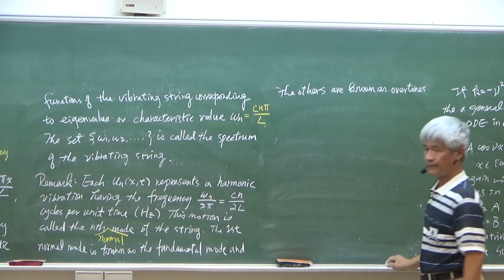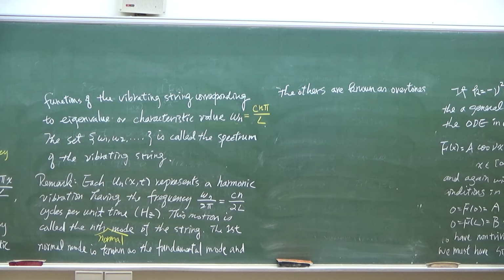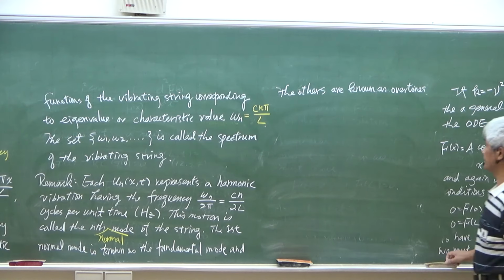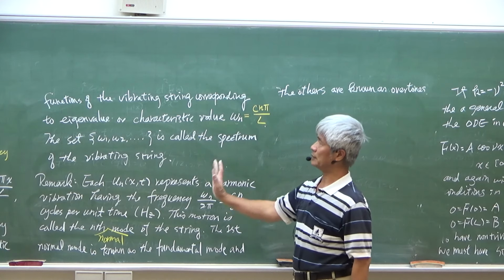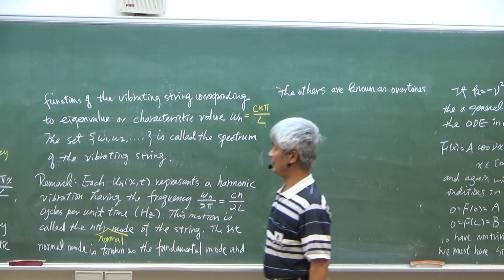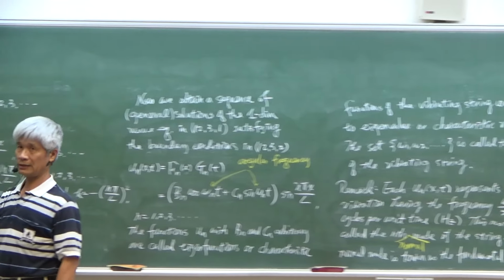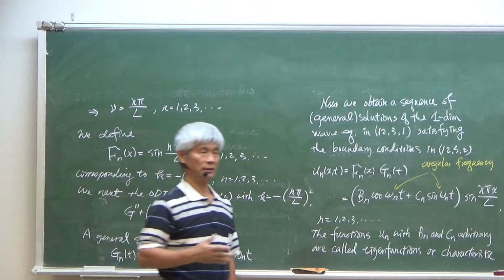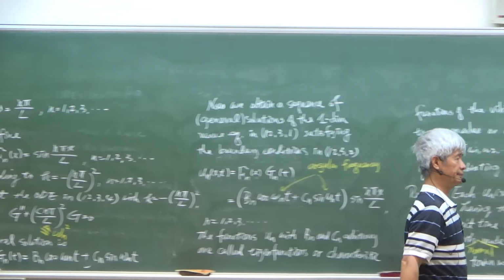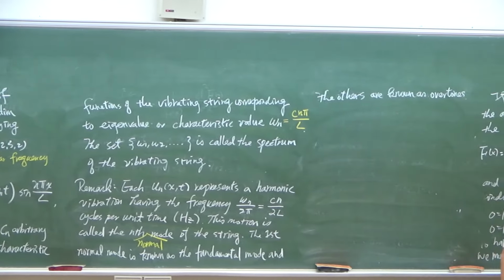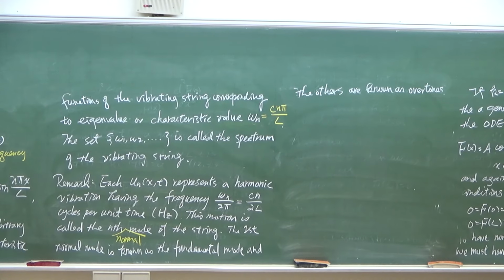So you have octave, you have octave plus fifths, a lot of overtones. All right, so up to here we found the eigenfunctions as well as eigenvalues of the vibrating string. Okay, so let's take a short break.